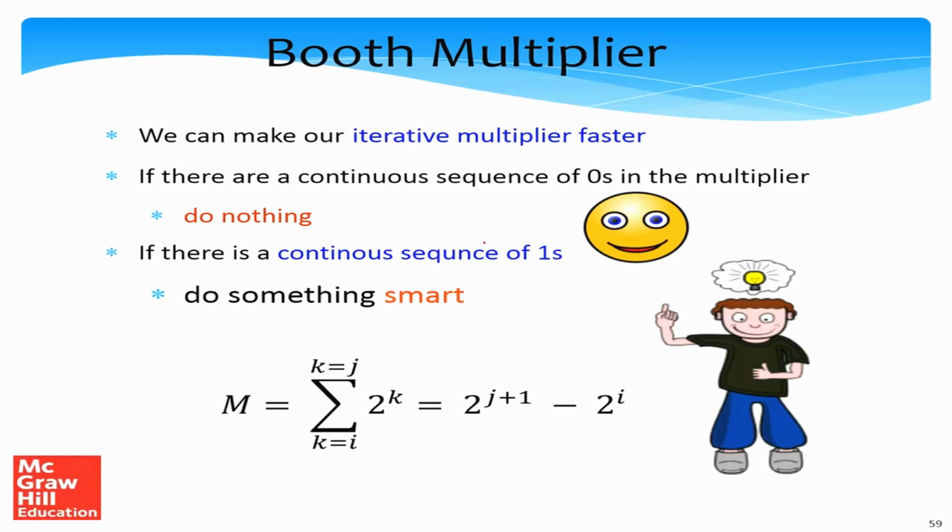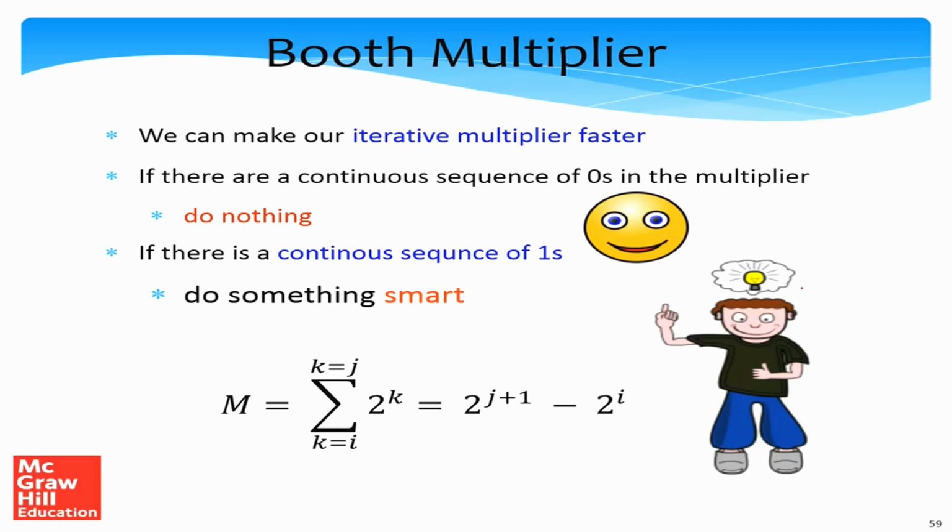So there is no addition or subtraction involved. However, if there is a continuous sequence of ones, then the iterative multiplier keeps on doing additions and a subtraction at the end.